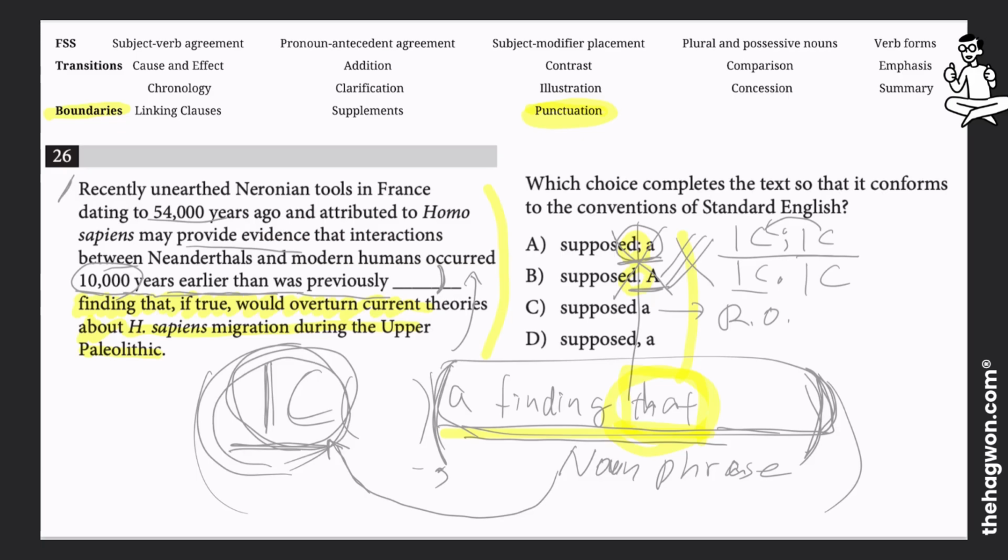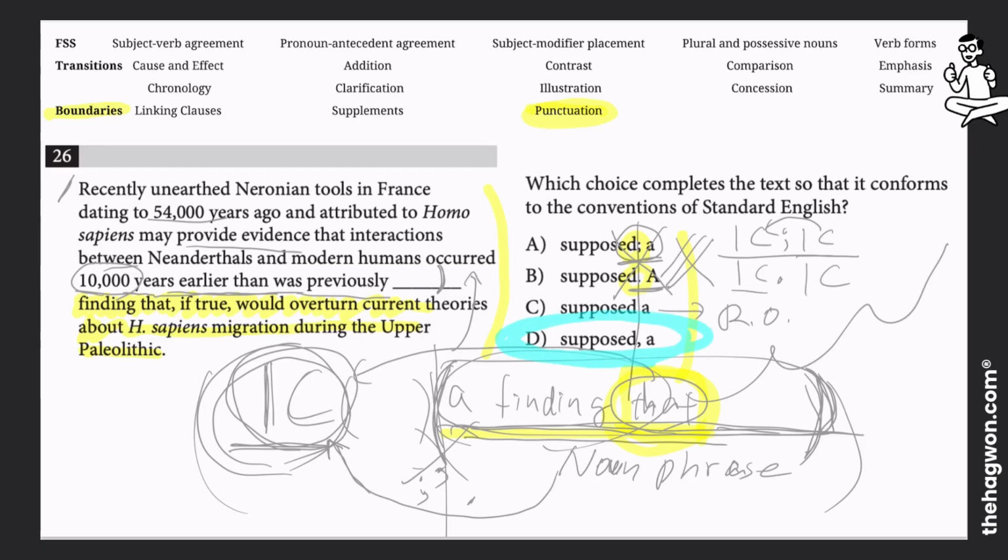Whereas if you treat this with a semicolon or a period, these two no longer have any relevance, and the supplement is kind of lost on its own because that cannot refer to our main idea now. So the correct answer for 26 is choosing D with a comma, where we're properly adding a supplement at the end of our independent clause.